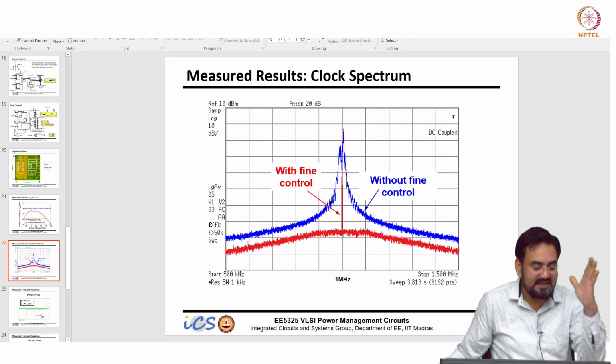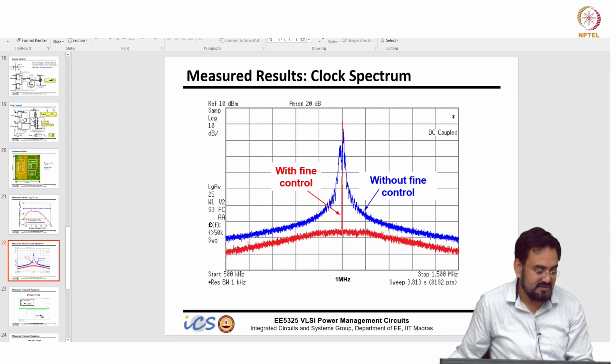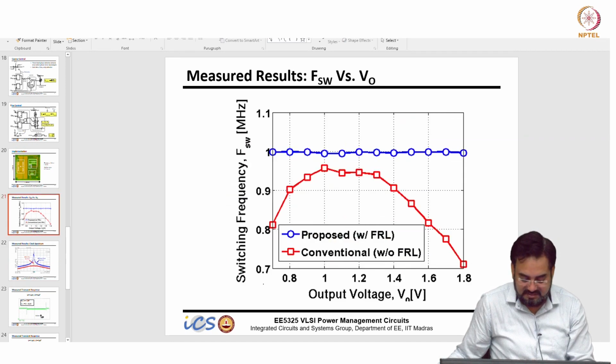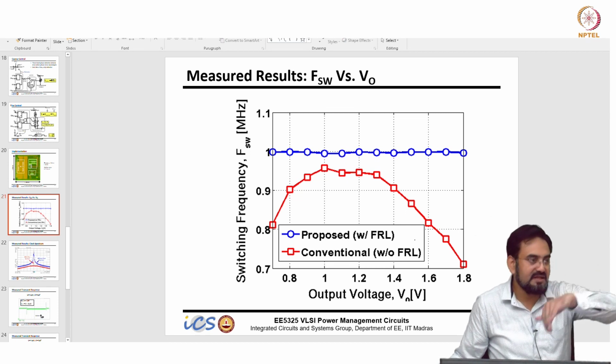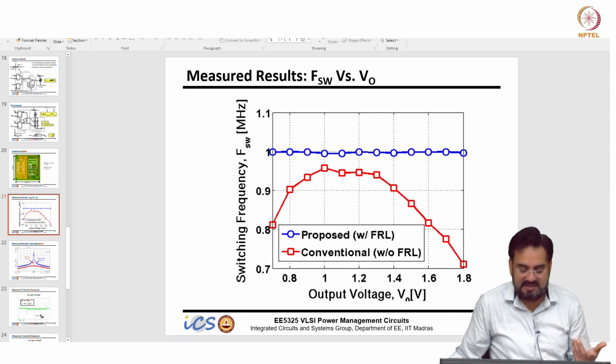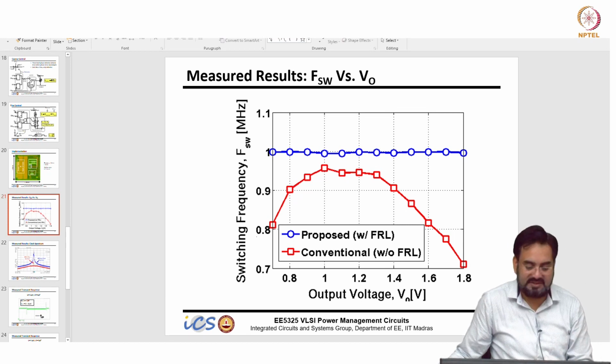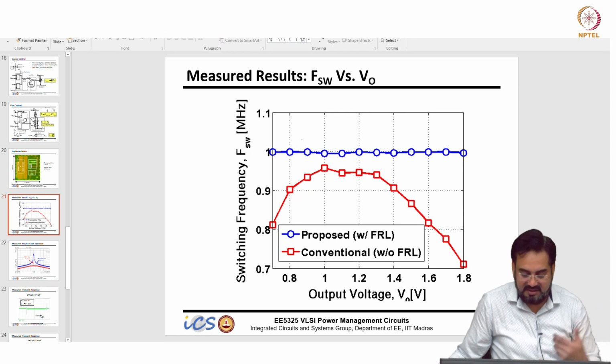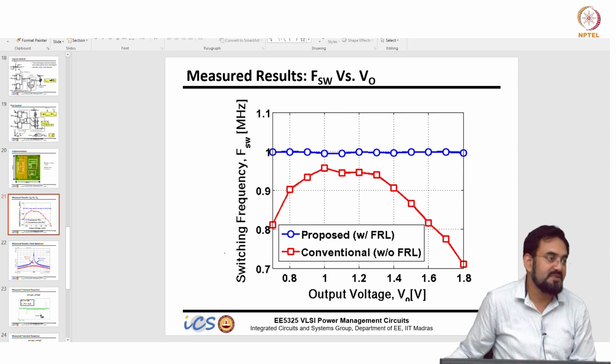So it locks exactly at the same 1 megahertz frequency, and you can see the output voltage profile. Remember the duty cycle curve. So when the output voltage is changing, it is as good as changing the duty cycle if Vin is fixed, and we know it will be parabolic, and that is what you are seeing, this variation in the frequency, and with that FLL you get a constant frequency of 1 megahertz.